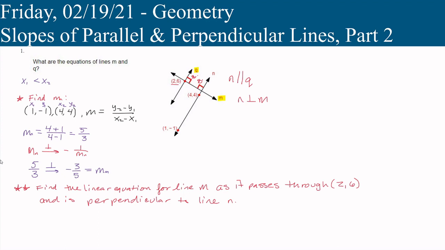Lucky for us, we already found that slope. Remember, the first step in the toolkit says to find that slope. ID your slope. Well, the slope for line M, which is perpendicular to line N, is -3/5.